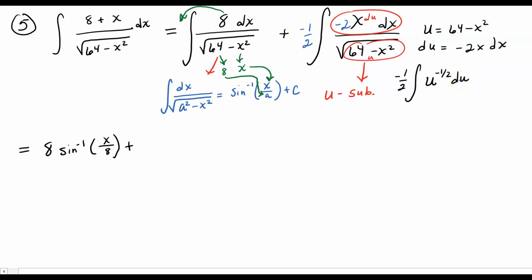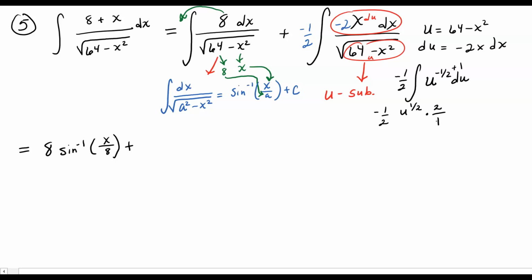There's nothing really to this very simple integral. What does it look like? It's going to be negative 1/2, and then u to the negative 1/2 plus 1 gives you a positive 1/2. So it becomes u to the 1/2, divided by 1/2, which becomes 2 over 1.